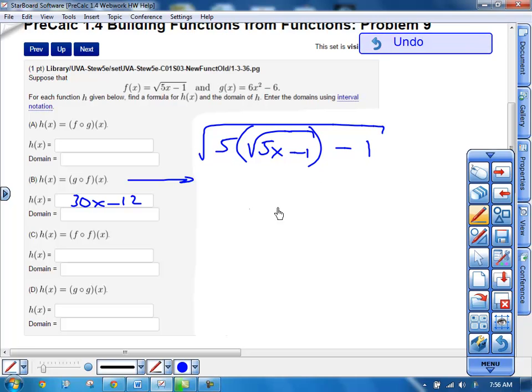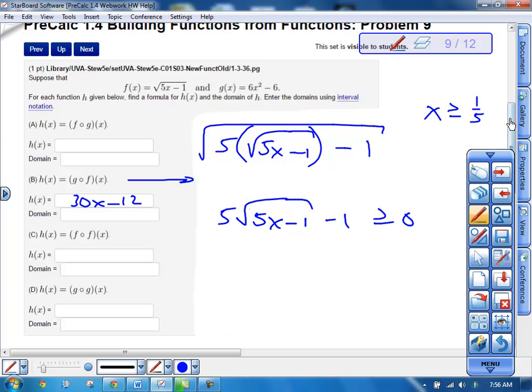But for the domain, we have to look at the restrictions on the original function f, which we know was all numbers that are bigger than or equal to 1/5. So we still have that restriction. Let's also look and see if there's any restrictions here. So let's take 5 times square root 5x minus 1, minus 1, and set that bigger than or equal to 0.